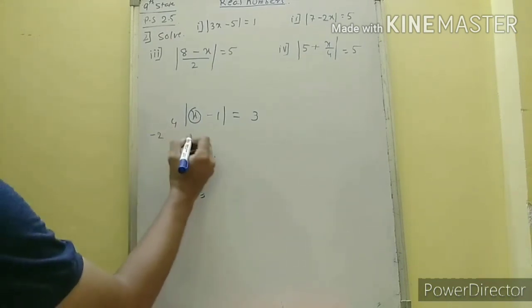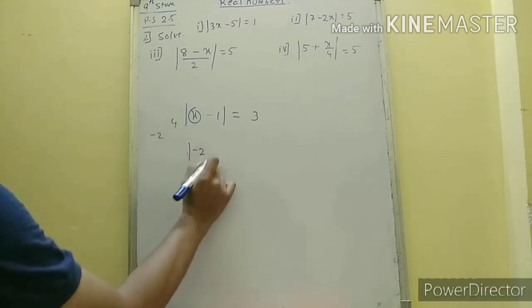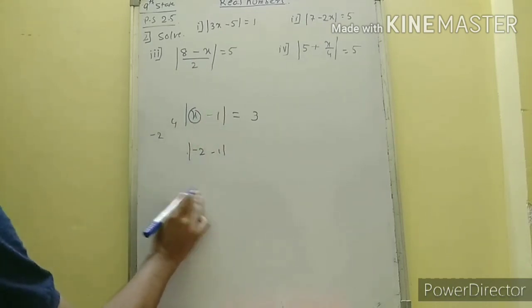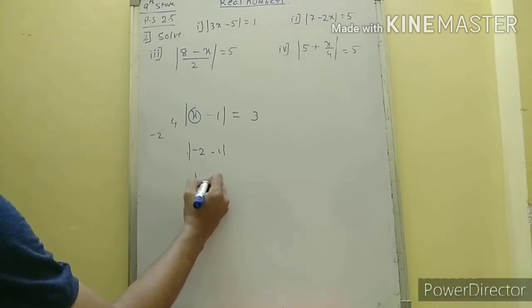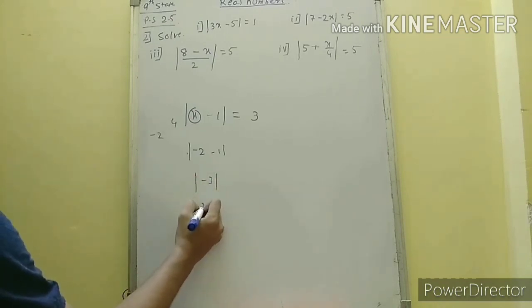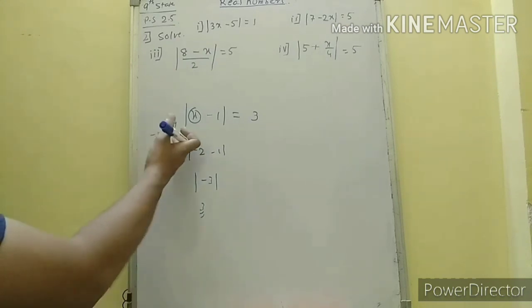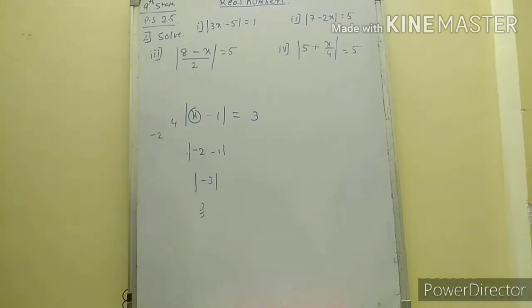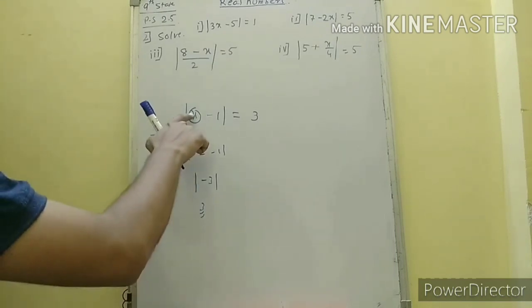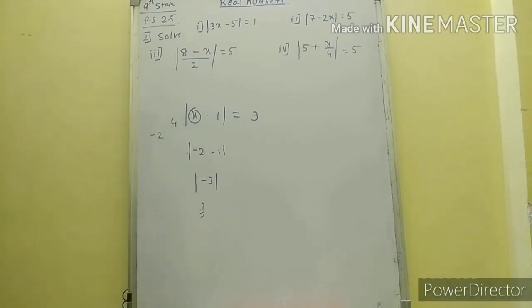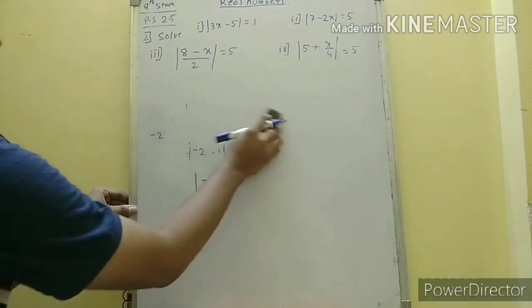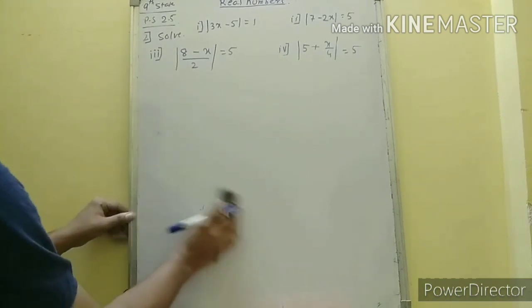That is minus 2 minus 1 is equal to minus 3, and when it comes out of the modulus sign, it will be 3. So we have two possibilities, either it can be 4 or it can be minus 2. So how could we find such answers? See, either it is positive or it is negative. So let's see how we can solve it.